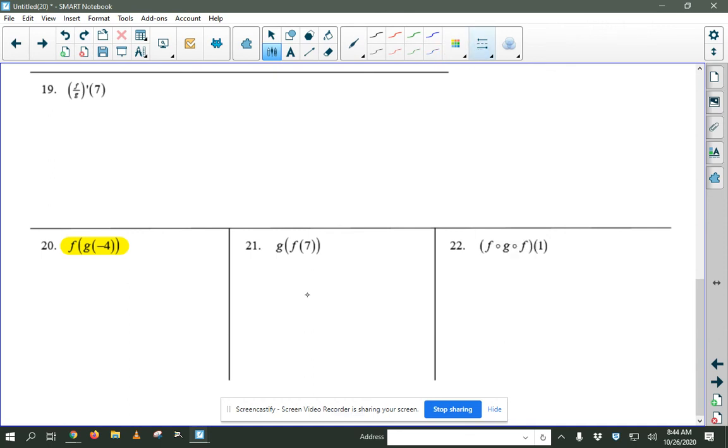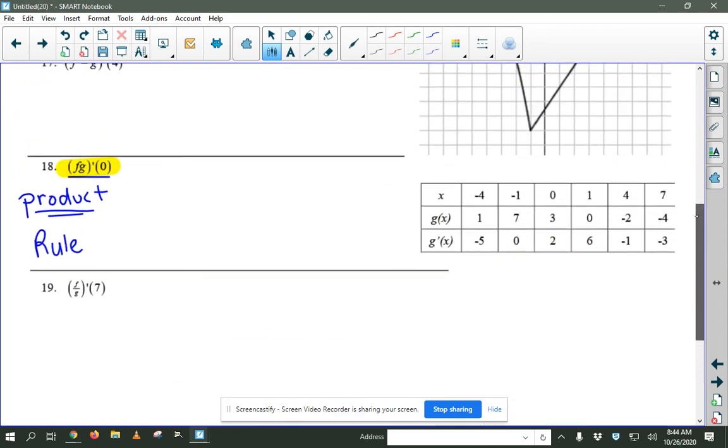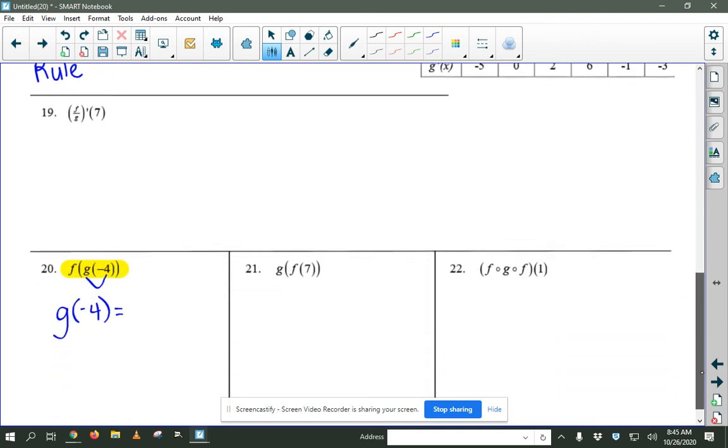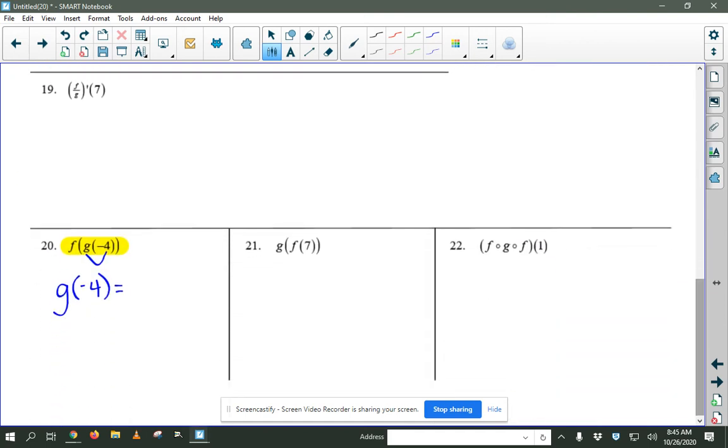Again, I need to evaluate that inside function first. G of -4. I'm going to look up at my table and graph, and it looks like the table is my g function, and g of -4 gives me an output of 1. And then I'm going to go back and I'm going to evaluate my f function at this answer.